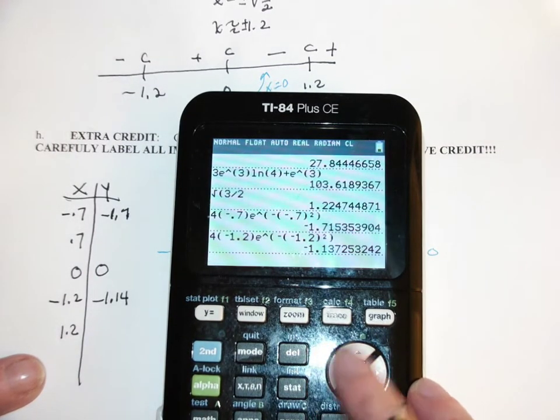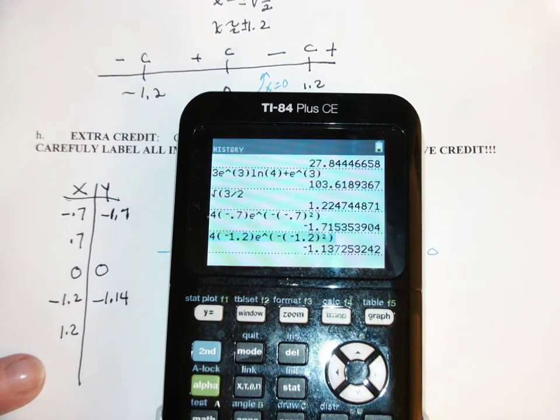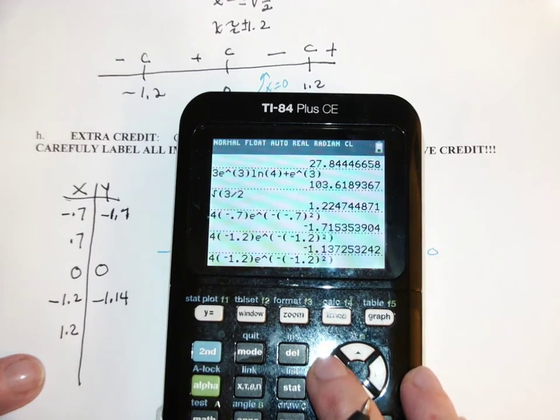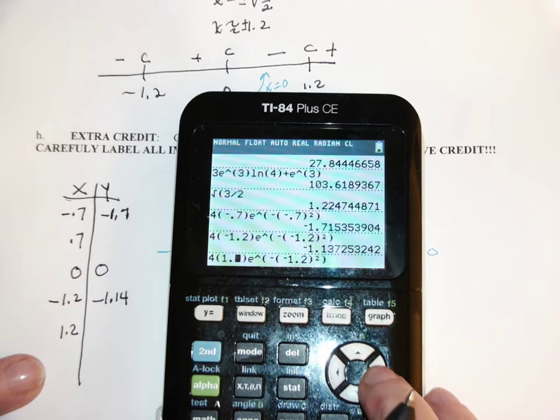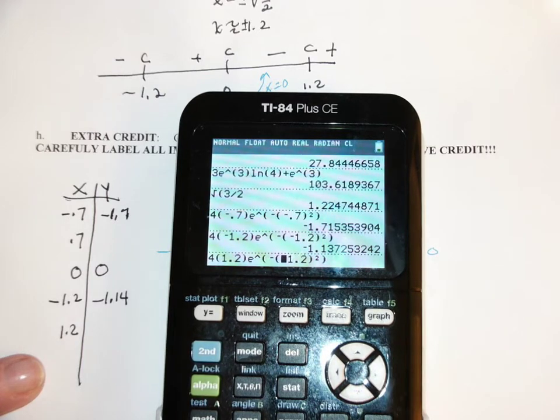And then we'll go with the 1.2. So take that negative out.